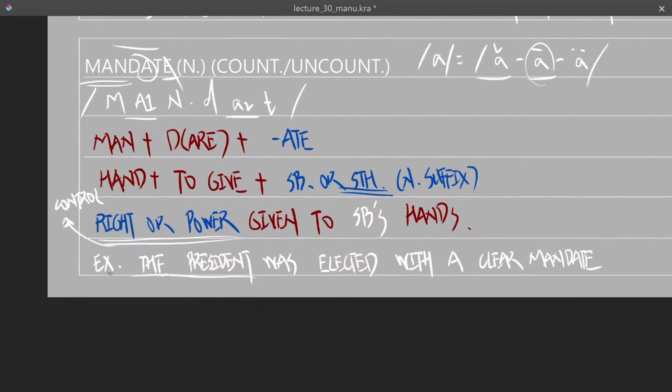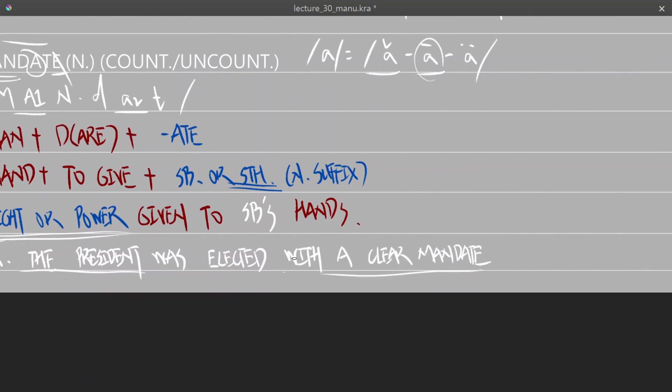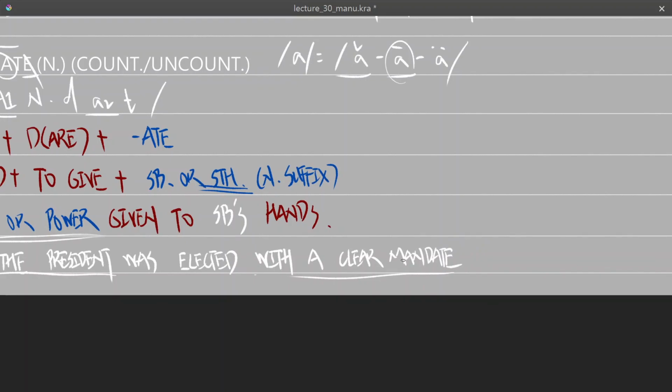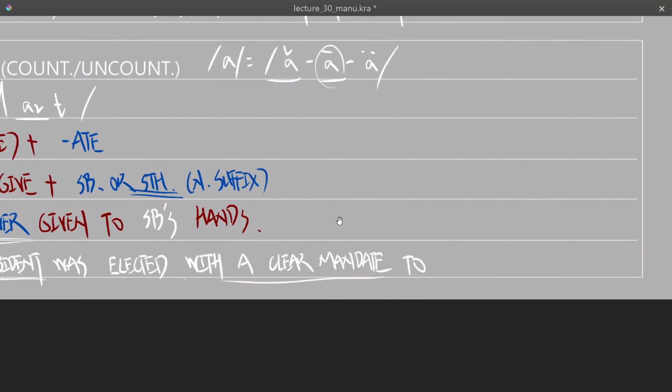So the president, whether he or she, just got the power, the right to do something, was elected with a clear mandate to do what?